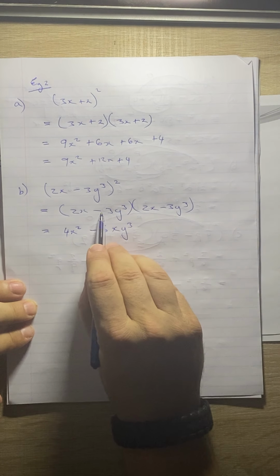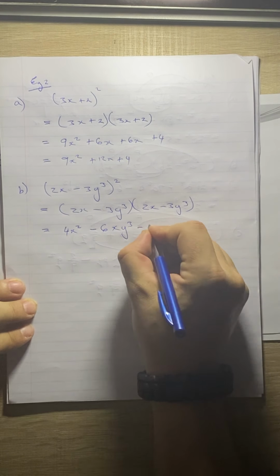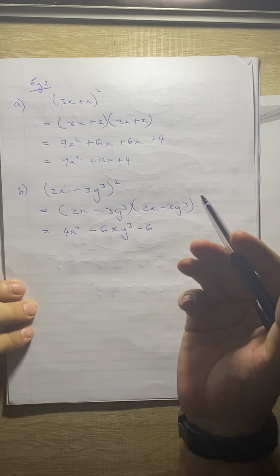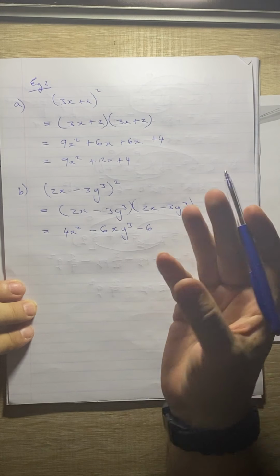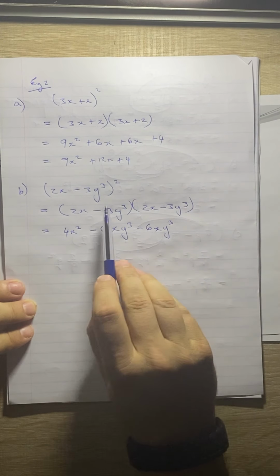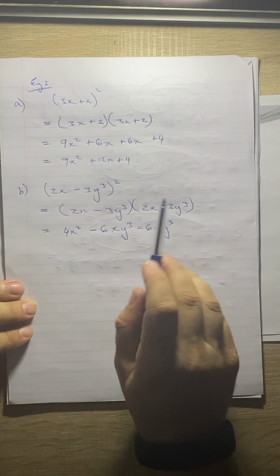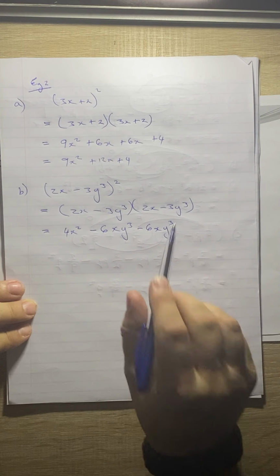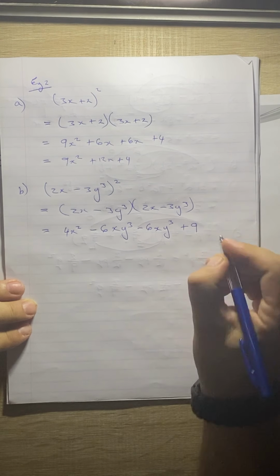For the inners, minus 3 times 2 gives us minus 6. Then you've got y cubed times x is going to give us y cubed x. But if I put in alphabetical, it's going to be xy cubed. Then we've got minus 3y cubed times minus 3y cubed. So minus 3 times minus 3 is plus 9.